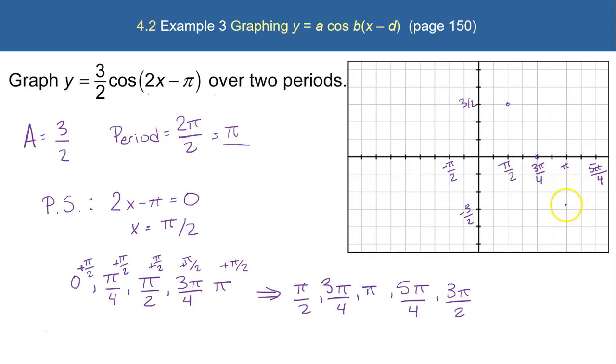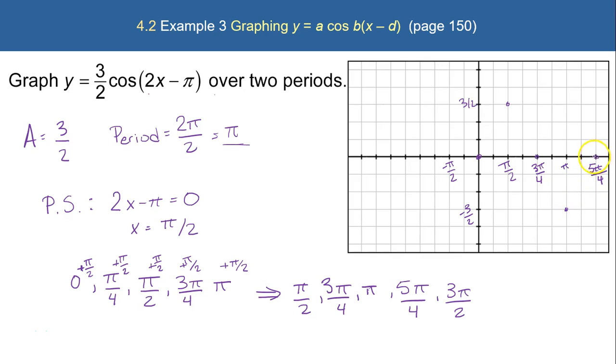And then pi gives us negative 3 over 2. And then 5 pi over 4 is this value right here. Let's evaluate it for 0. So the next one is 0. And then negative pi over 2. It continues with this pattern here.